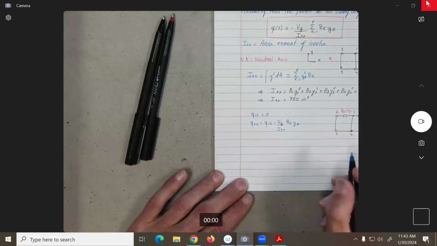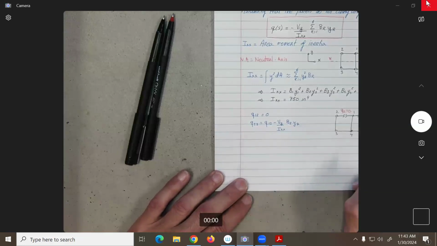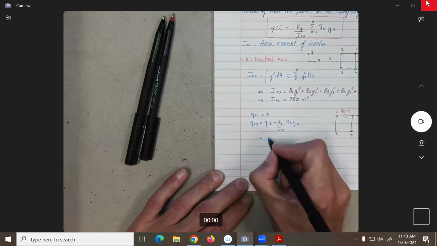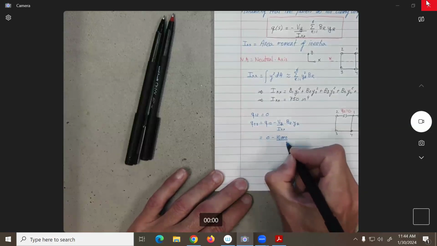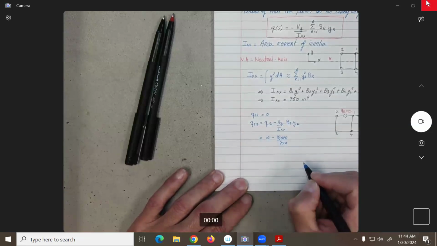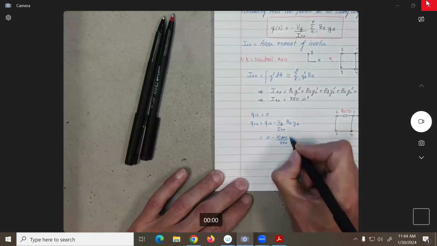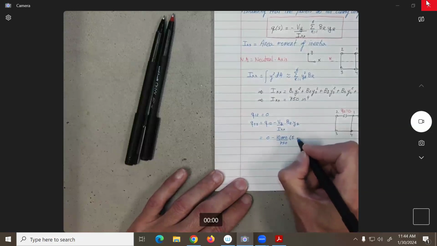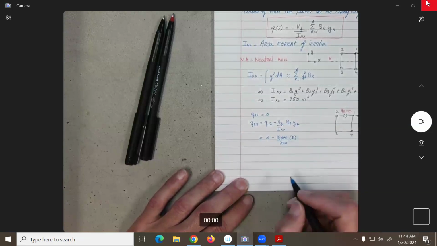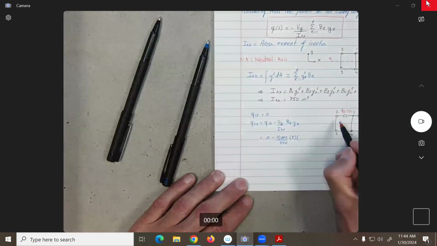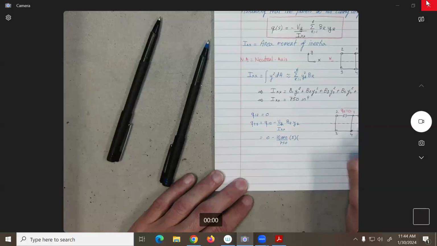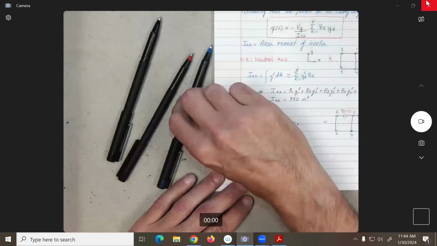Okay, so basically what do we get? We're going to get that Q23 will be equal to 0 minus 10,000 divided by 750. What was the value of B2? 5. What will be Y2?